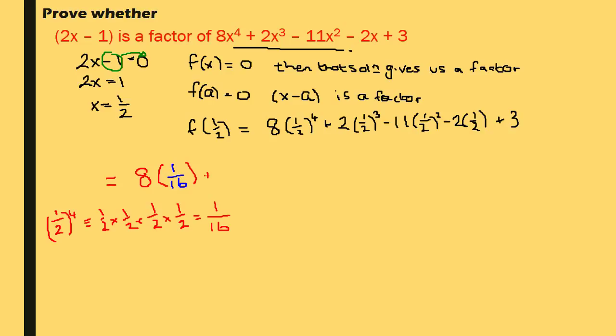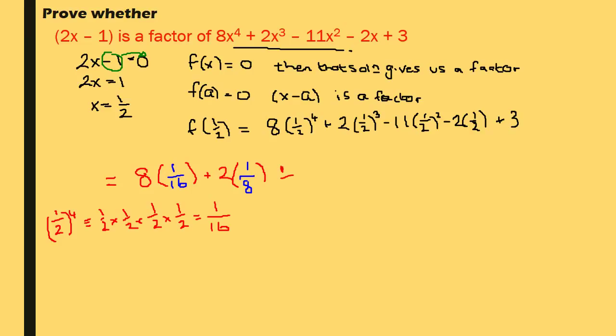All good so far. Then plus 2 times a half to the power 3, so it's 3 of these multiplied together, so it'll be a half times a half times a half. And if I do that correctly, I'll get an 8th. Close the bracket.